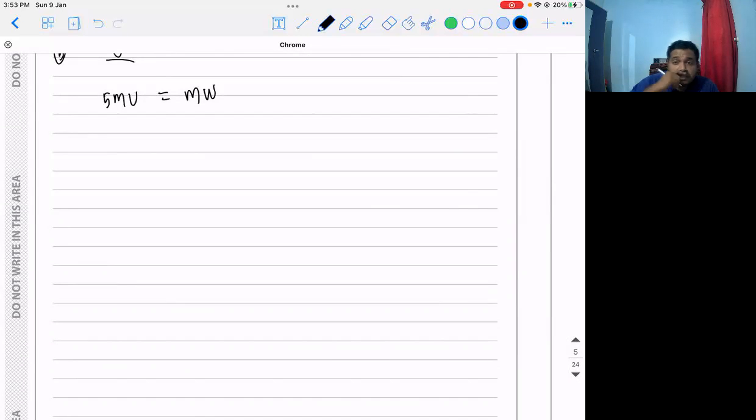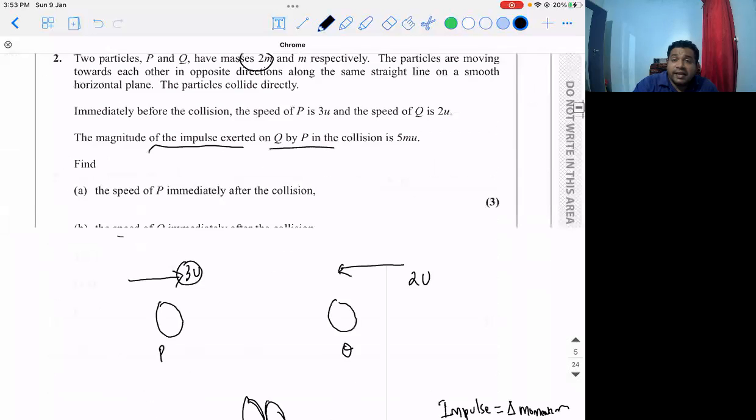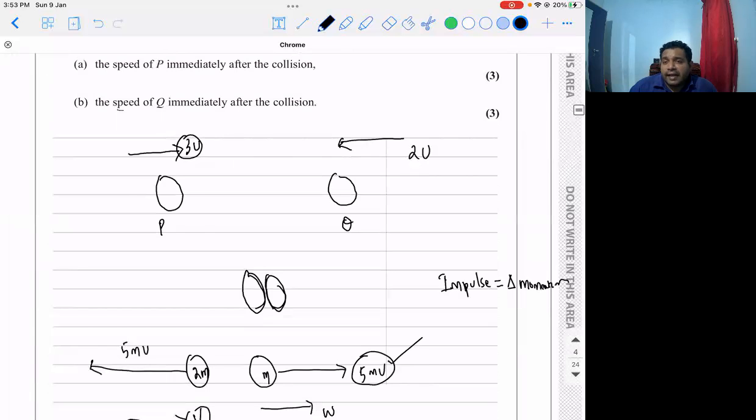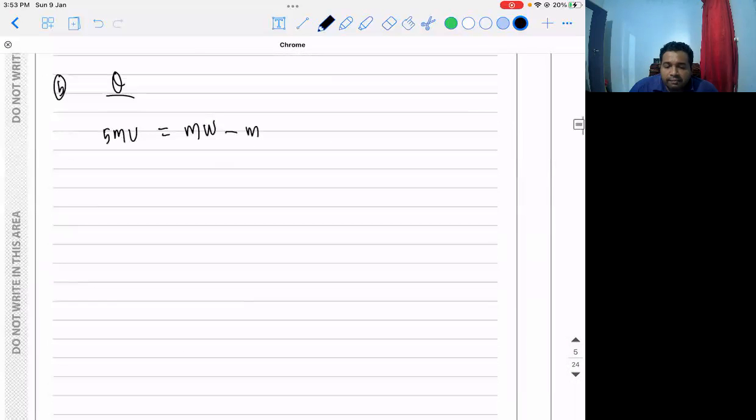minus M times, we know that initially we can see this figure. Initially, the particle is moving in the direction towards left side. That is very important. Okay, so M times W minus M times minus 2U.